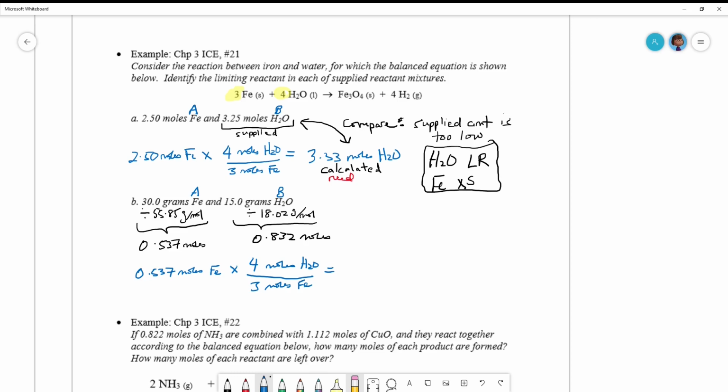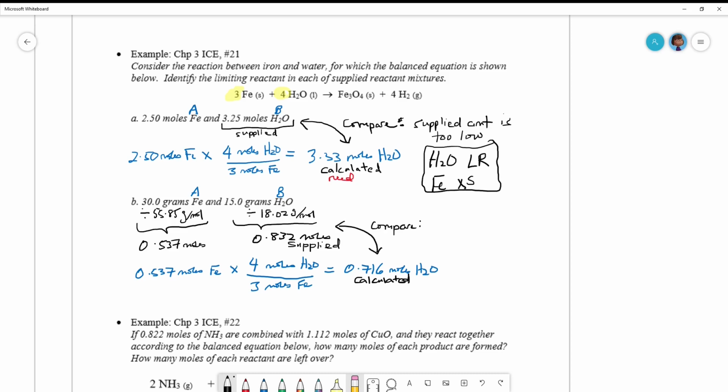And when I do the calculation here, I end up getting 0.716 moles of water. So once again, this is my calculated amount of water, which we're going to compare with the quantity up here, which is the supplied amount of water in our mixture. And once again, we need to compare these quantities.